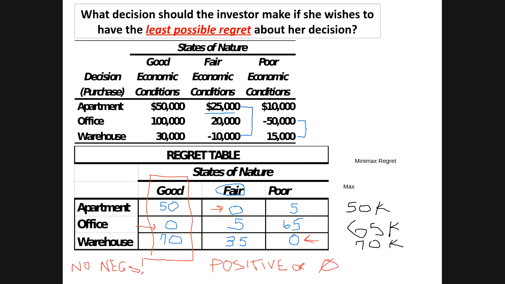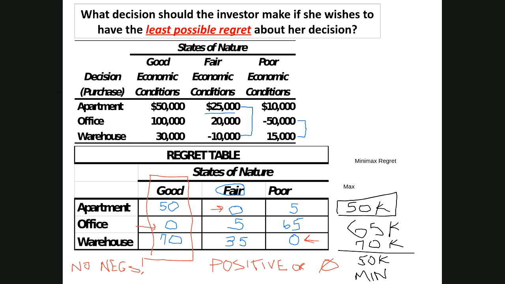And now from among these, we want to choose the minimum of those maximum regrets because we want to avoid that. And of course, the minimum of the maximums is 50,000. And why do we do that? Well, we're taking, if you will, almost a pessimistic perception because we want to avoid regret.